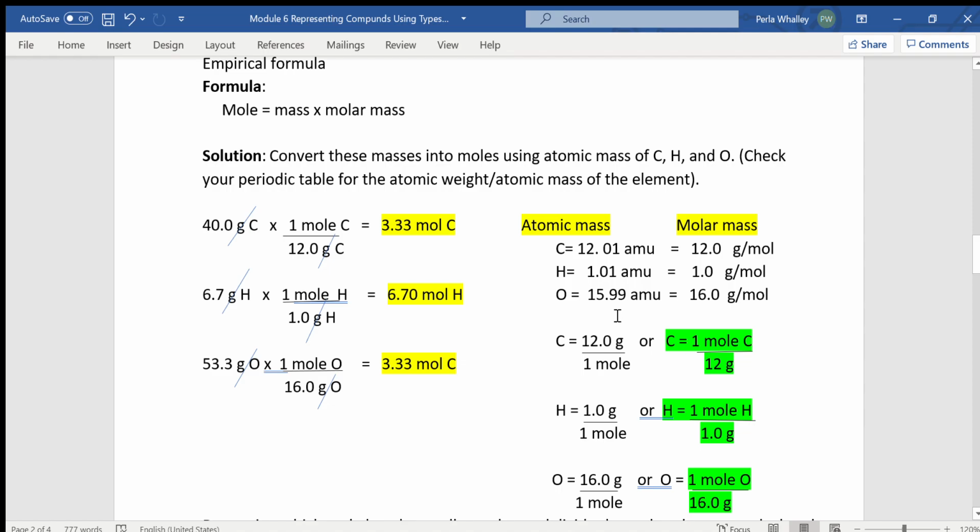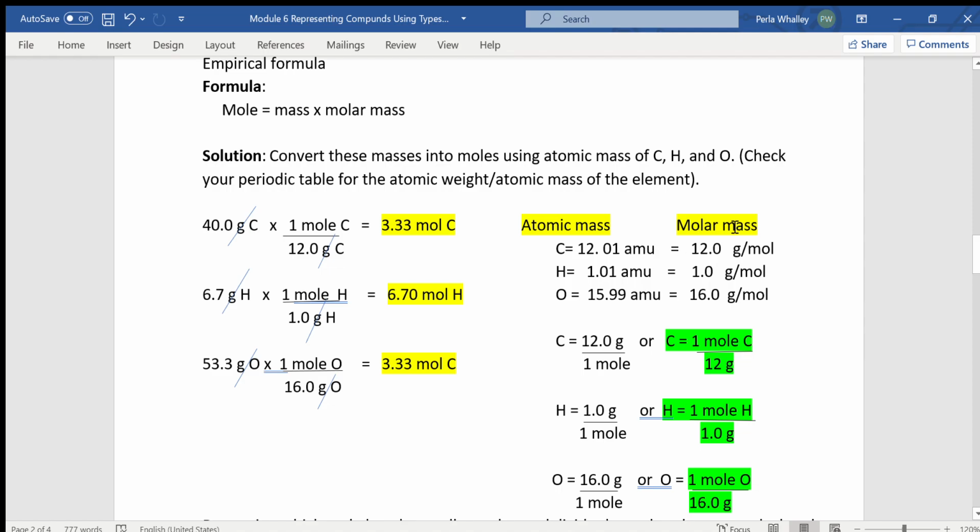We convert atomic mass or the atomic weight into a molar mass by just changing the unit. So carbon has an atomic mass of 12.01 AMU. We rounded it off to 12 for convenience and changed AMU to gram per mole.